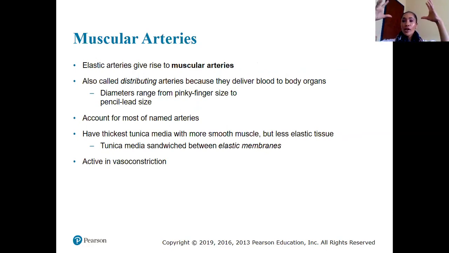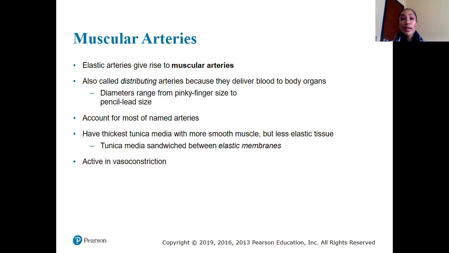So we go from these large vessels that we call elastic arteries, and then we give rise to muscular arteries. They're also called the distributing arteries because they're actually going to deliver blood to body organs. Their size ranges from about pinky finger size to pencil lead size. So with muscular arteries, I think muscular, I'm like, oh, strong and big, but they're actually pretty small.